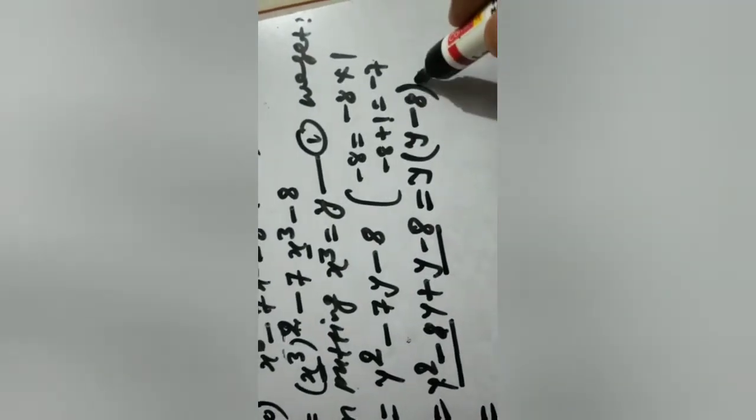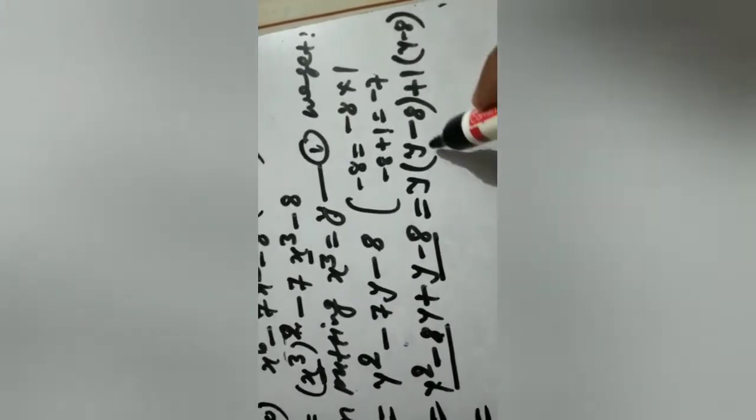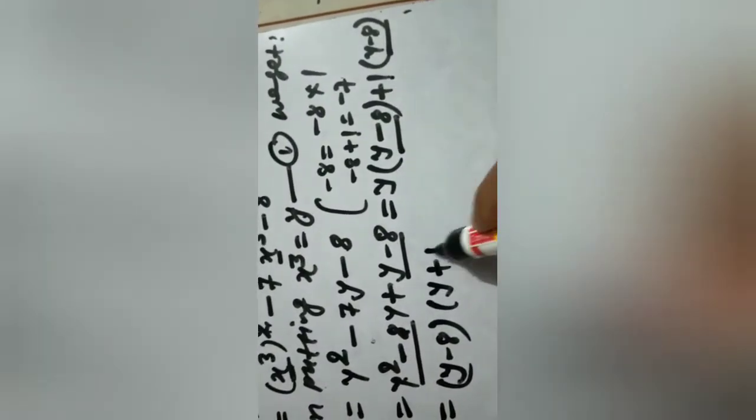Then it will be divided into two parts. Now in the first part y is common, so y will be left here and y minus 8 will be left, and in the second part 1 is common, and then y minus 8 will be here. Now y minus 8 is common, then in the first part y will be left, and in the second part 1 will be left.